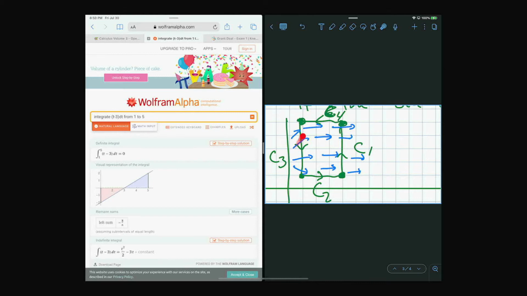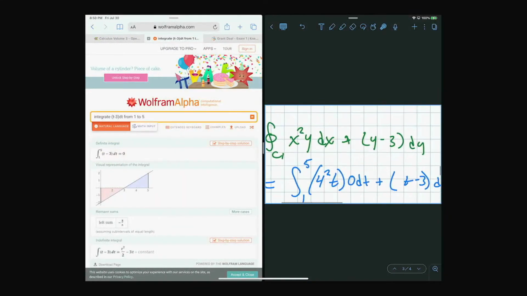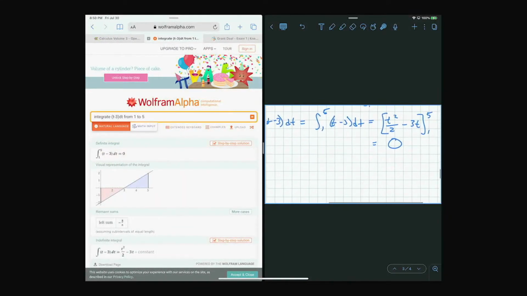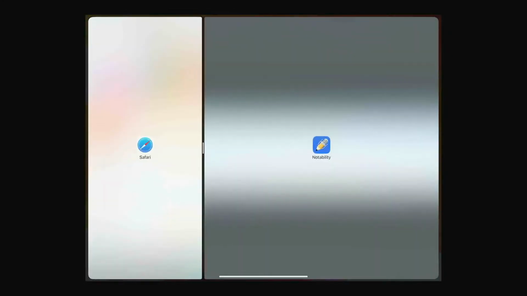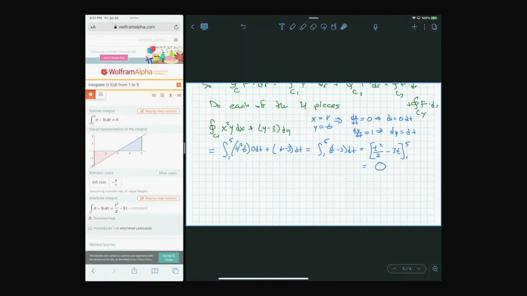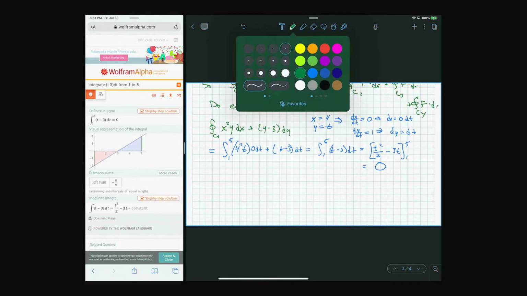And so they're sort of canceling each other out, I guess. All right, anyway, so that one was 0. We could have just plugged in the numbers and gotten that quicker, I guess. But we didn't.